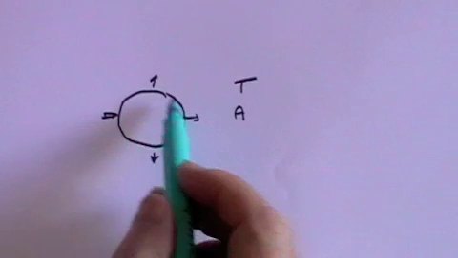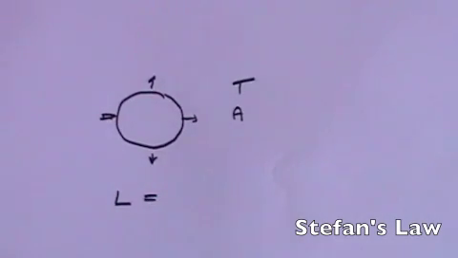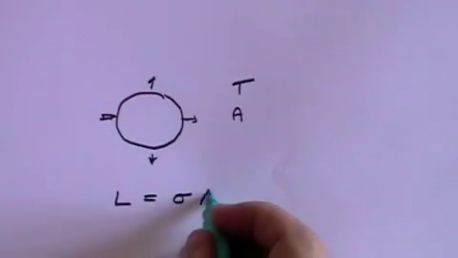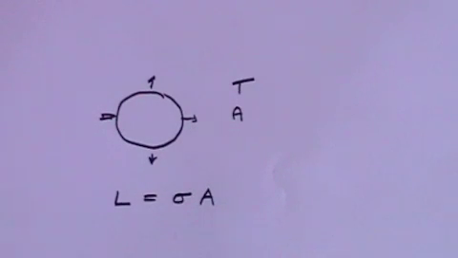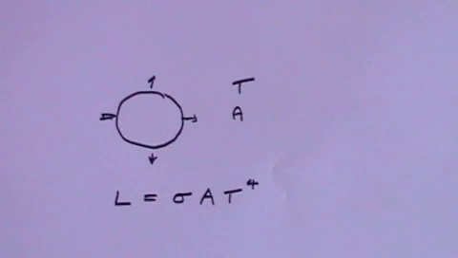The bigger the surface area, the more scope there is to pump out radiation. And that brings us to another law. This is Stefan's law, which says that the luminosity of a star is equal to sigma, which is Stefan's constant, multiplied by the surface area of the star, multiplied by the temperature to the power 4.